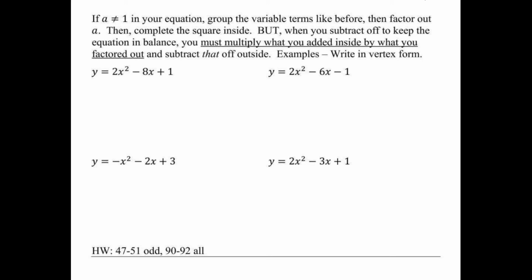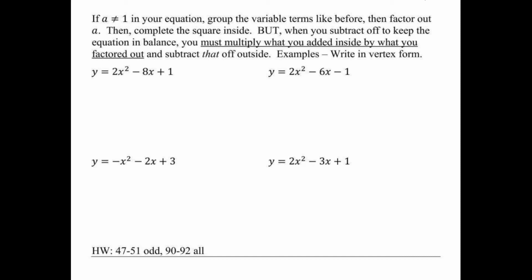What we have to do is factor out the A. Okay? So if A is anything other than 1, if it's 2 or 5 or -1 or anything other than 1, we have to factor out the A, even if it's not a GCF, from the group of x terms. Okay? And then we can continue from there.